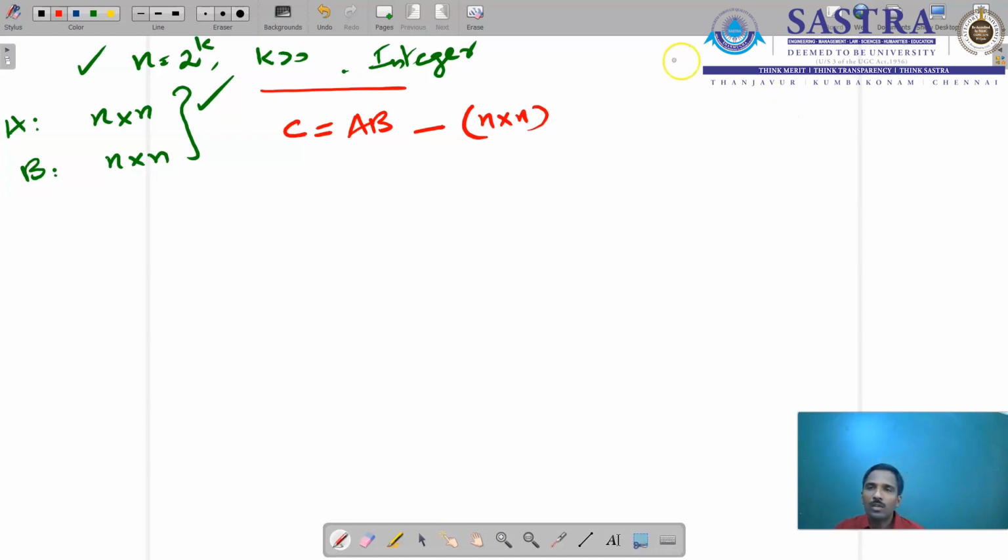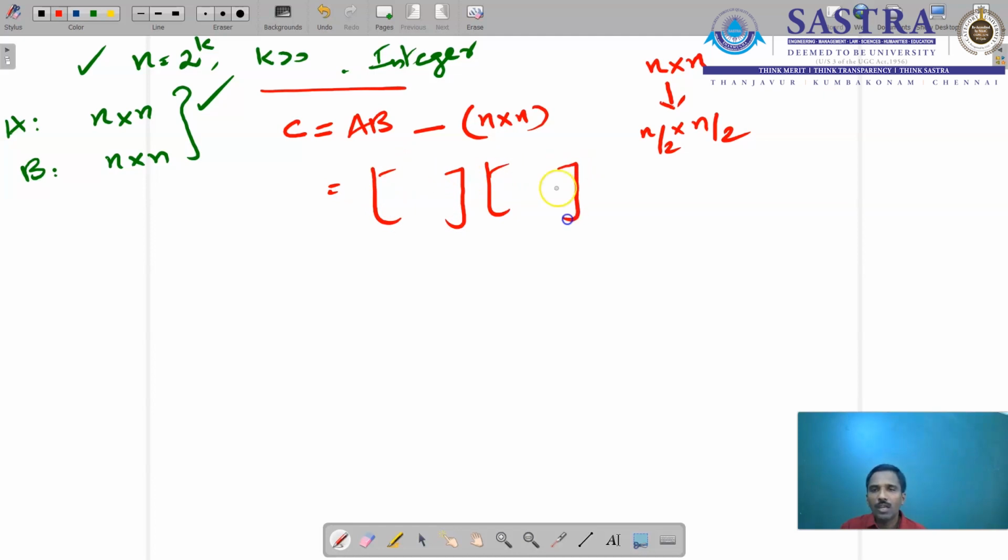Now, applying the divide and conquer logic, the initial size of n by n is subdivided by 2, n by 2 by n by 2.